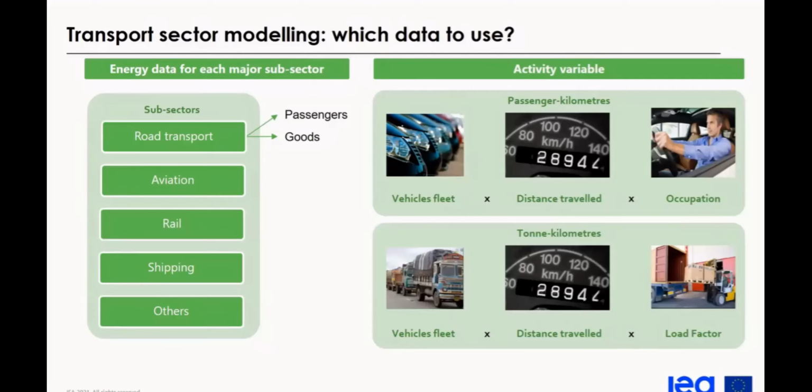And this number will be a good indication of the intensity of how much people want to travel on the road with cars. We will have the same type of indicator with goods in ton kilometers, where we will multiply vehicle fleet by distance traveled by load factor or quantity of goods in the trucks.